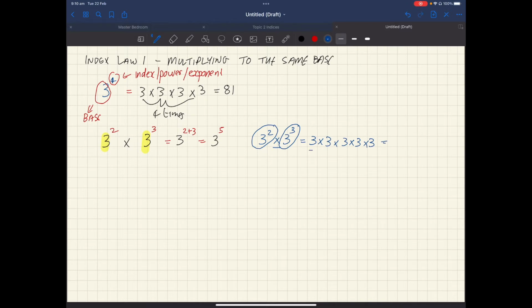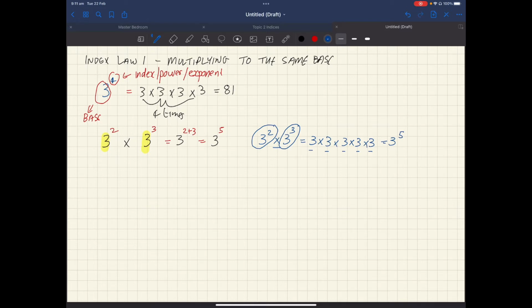Looking there, we have 1, 2, 3, 4, 5 3's multiplied together, which is the same as 3 to the power of 5. That's obviously making more work than we need to. So if we have the same bases, we add their indices.